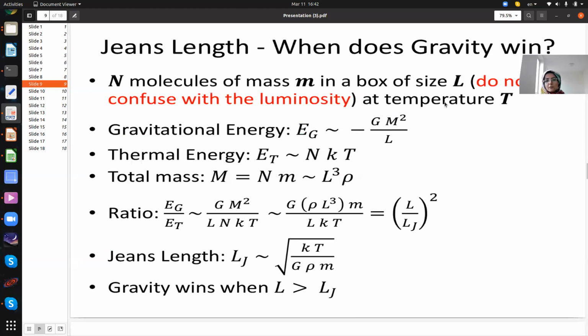At temperature T, we have gravitational energy and thermal energy, NkT, where k is the Boltzmann constant, and we have the total mass Nm. The ratio of gravitational energy and thermal energy gives the Jeans length, and gravity wins when L, the length, is more than the Jeans length.